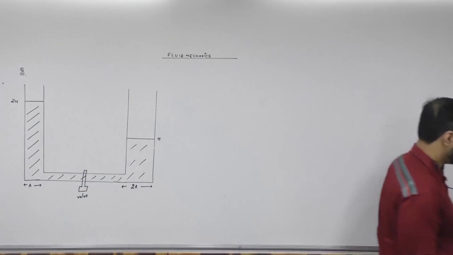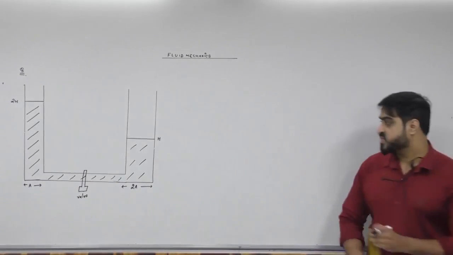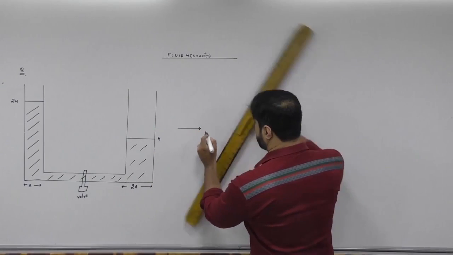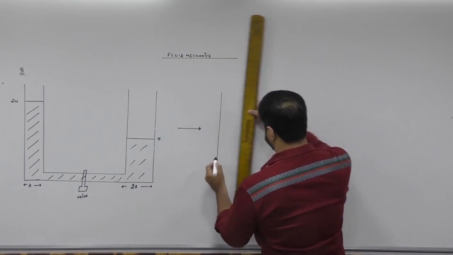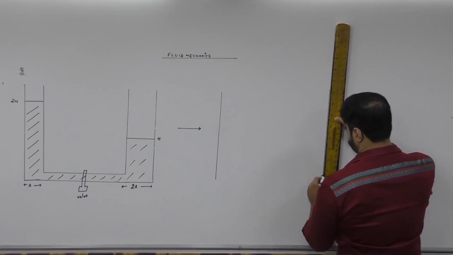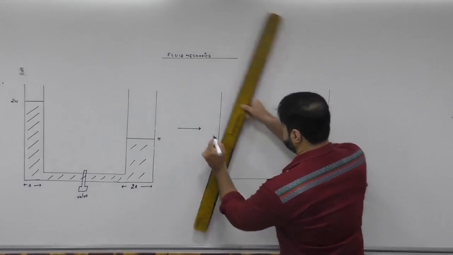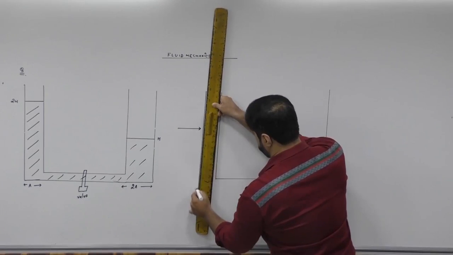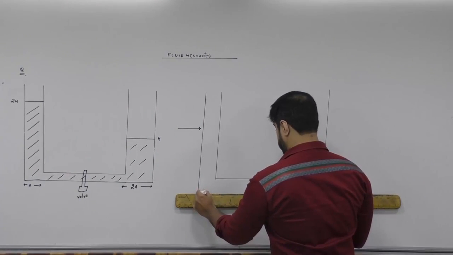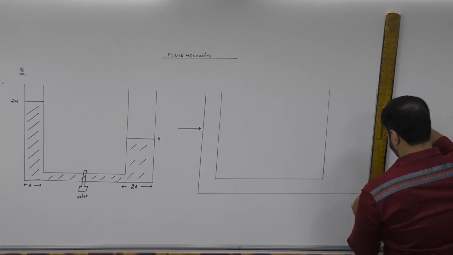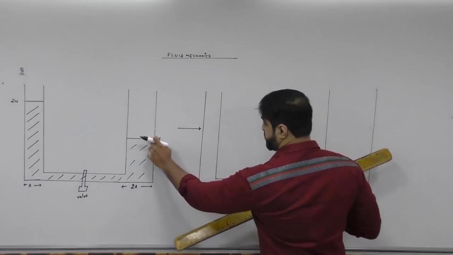Getting it? So, if I draw this diagram again with the common height, it will be somewhat this way. The side is going to rise.